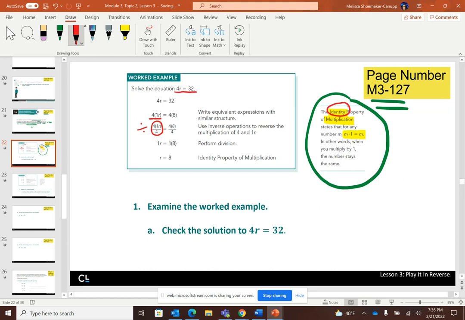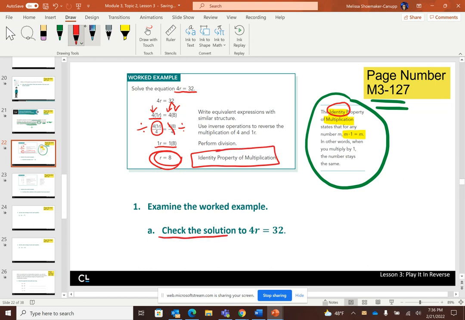And see how they broke 32 already into 4 and 8, because 4 times 8 is 32. So then when they divide it by 4, these 4s are going to cancel or become 1, leaving the 8. So then when the 1s go away, we're left with r equals 8. And that has to do with the identity property of multiplication.